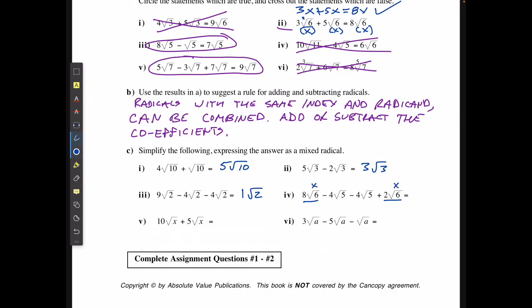And the root 5s are both the same, so I could think of those both like they were y's. Well, 8 root 6 and 2 root 6 is going to give me 10 root 6s. Negative 4 root 5 and negative 4 root 5 is going to be minus 8 root 5. But I can't combine the root 6 and root 5s because they're not the same radical. 10 root x and 5 root x gives me 15 root x. And 3 minus 5 minus 1 root a's is going to leave me with negative 3 root a's.